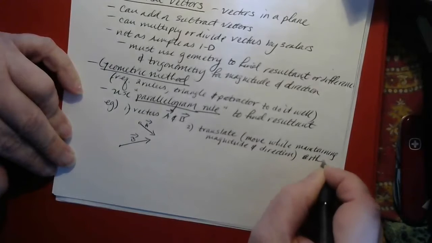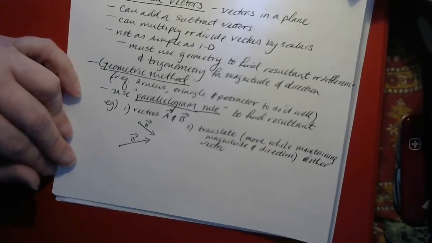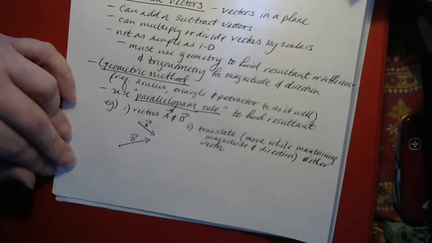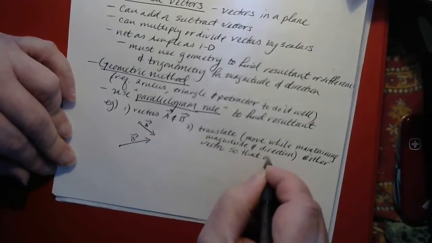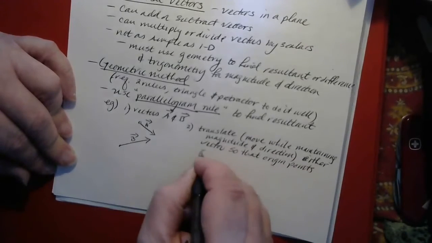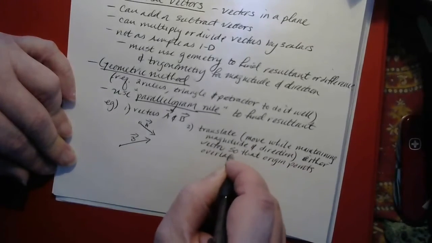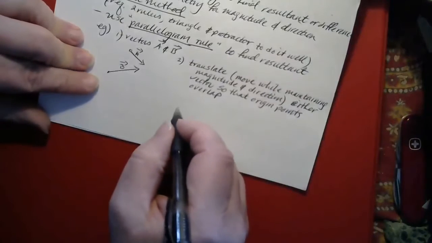It doesn't matter which vector you move, but you want to get it so that the origin points are the same. And so for these two vectors, we would have something like this.